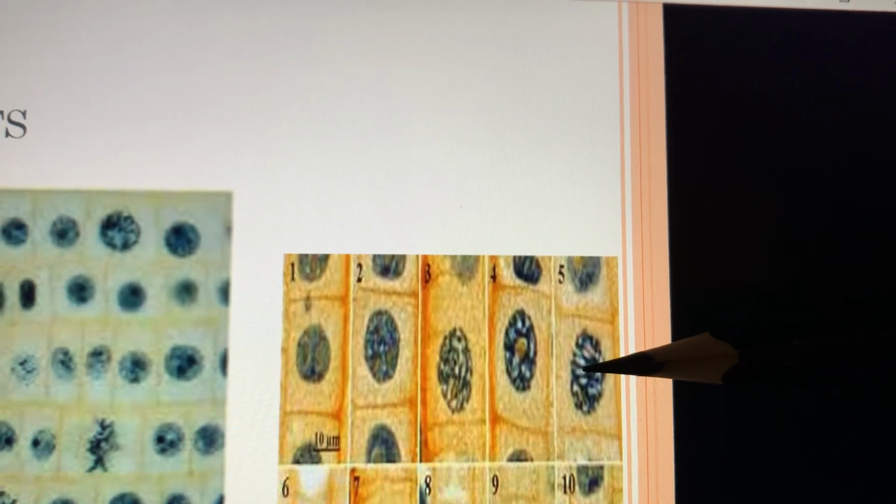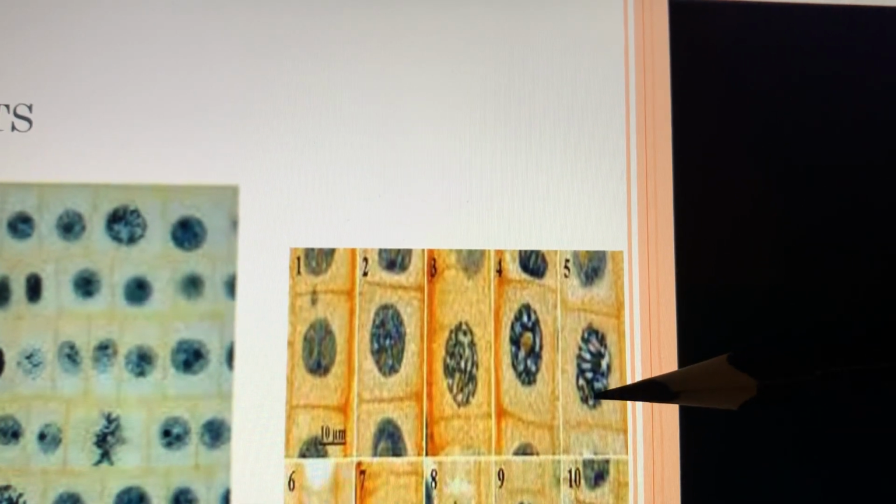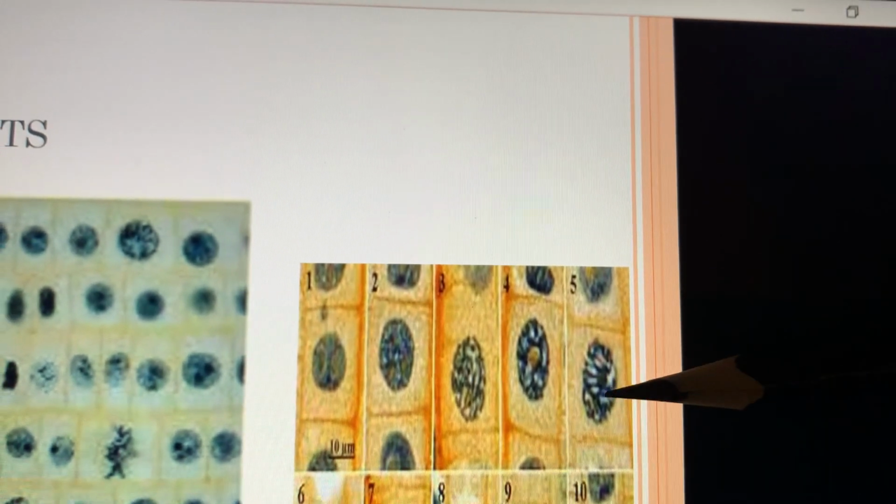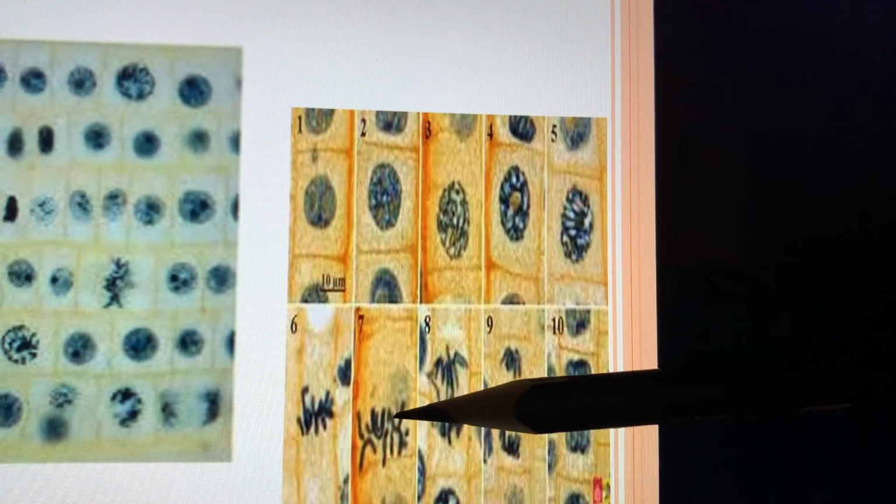Now the chromosomes over here are ready to duplicate and separate the cell into two new cells. This is metaphase, where all the chromosomes are aligned in the center. And over here it's the beginning of separation. It's an early anaphase, but this is anaphase.